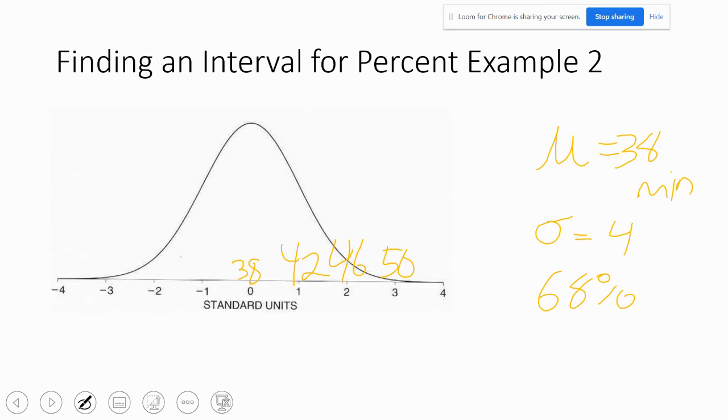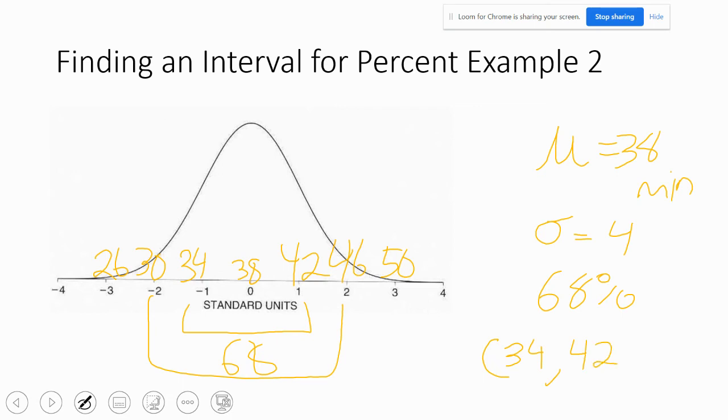So that'll be 34, 30, and 26. And 68% is 1 standard deviation. That'll be 95 will be 2, and 99.7 will be 3. So we want 68. So that'll be the interval of 34 minutes to 42 minutes.